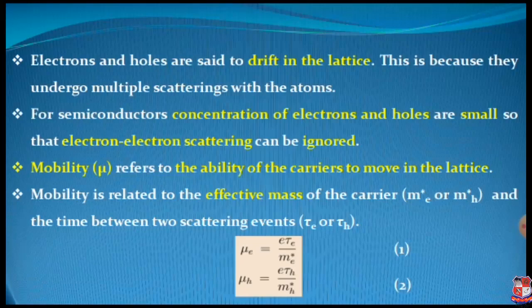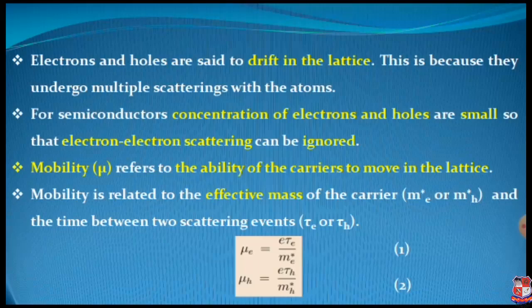Mobility, symbolically represented as mu, refers to the ability of the carriers to move in the lattice, and it is related to the effective mass of the charge carriers, me star for electrons and mh star for holes, and the time taken between two consecutive scattering events, that is tau e or tau h for electrons and holes respectively.